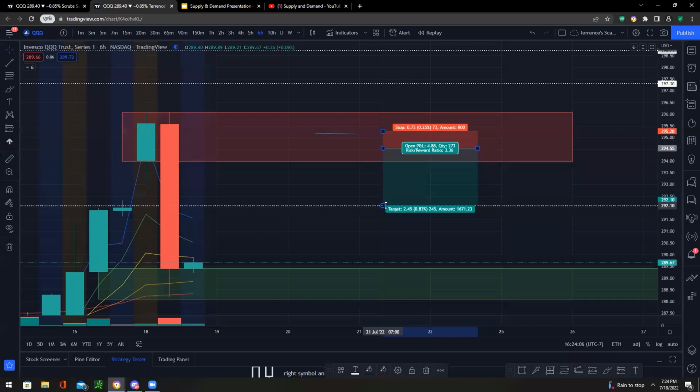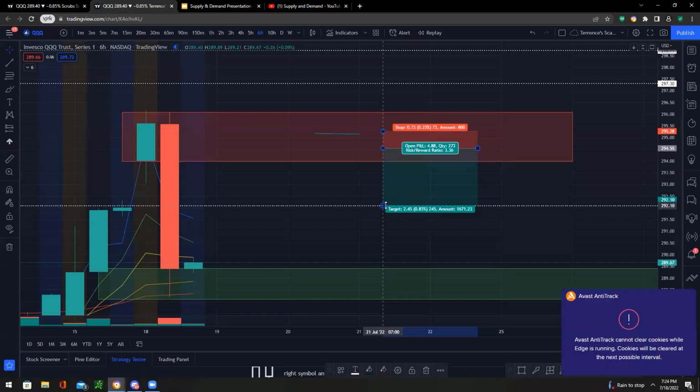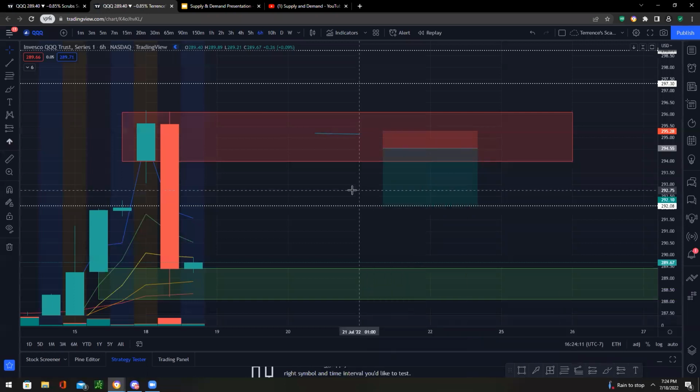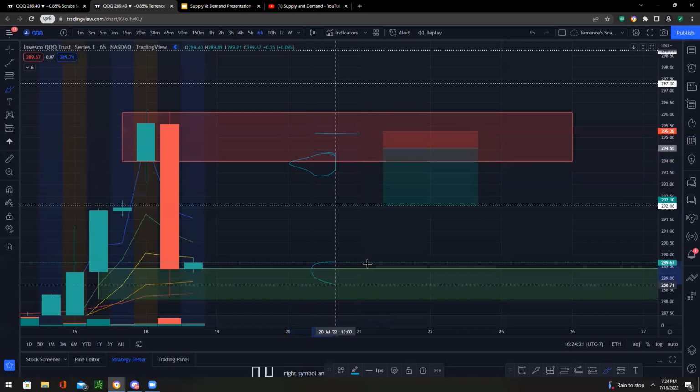And now, something that's very, very important, I actually struggled with this when I first started trading supply and demand. Just because the price action is entering the zone does not mean you automatically take a position.